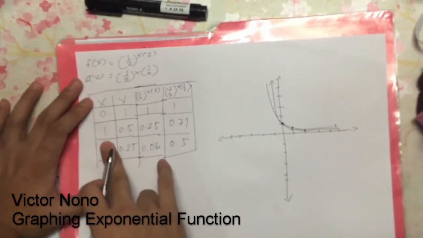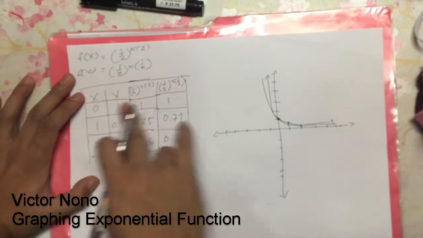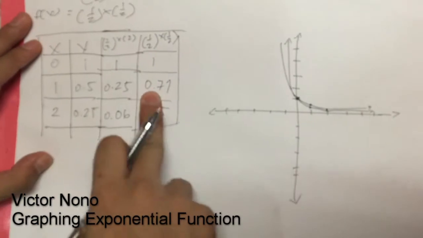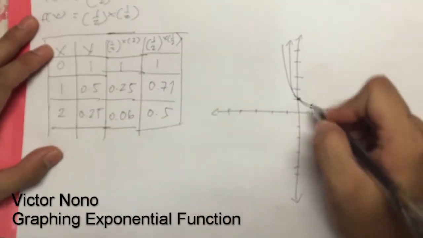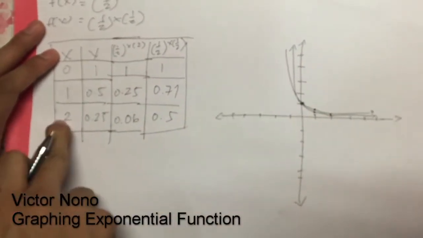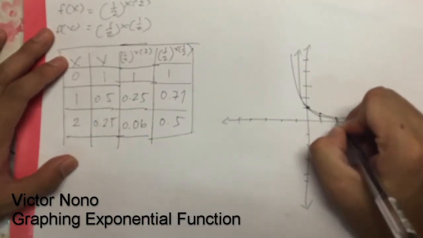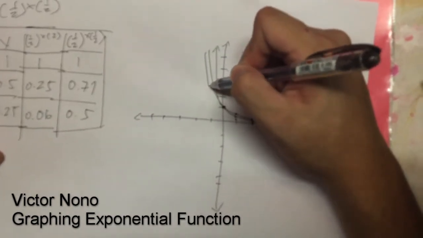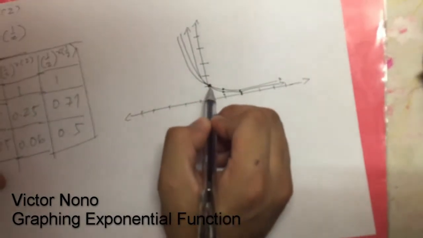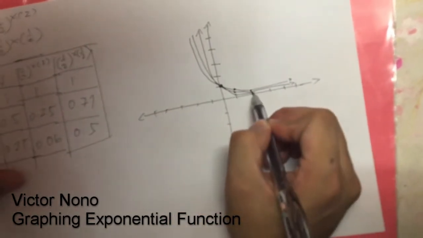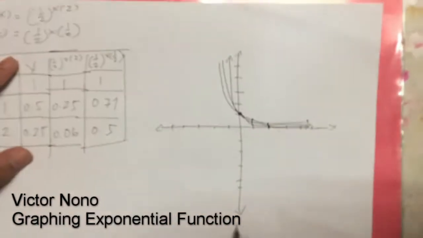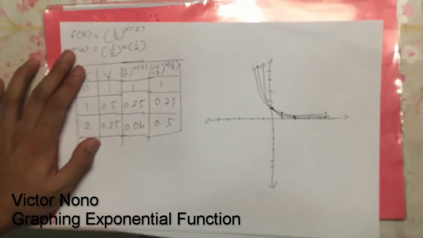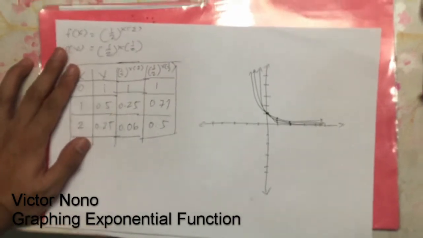So let's graph 0 and 1, 1 and 0.71, 2 and 0.5. So the line will be like this. And this is an example of horizontal stretching and shrinking.